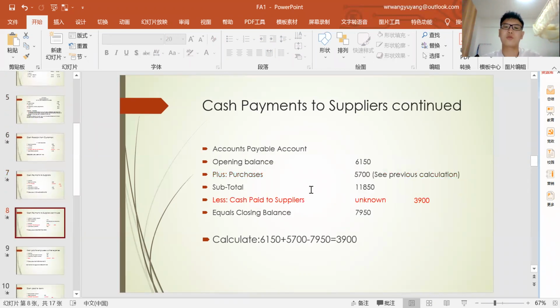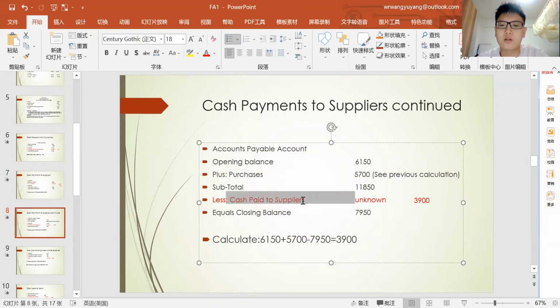So we can calculate the cash paid to suppliers: 6150 plus 5700 minus 7950 equals 3900, and 3900 is the answer for the cash paid to suppliers.